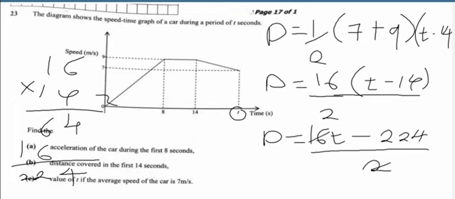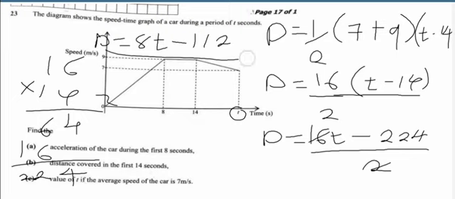So 2 into 16, we get 8t, minus 2 into 224, we get 112. Okay, so distance is equal to 8t minus 112. Now this distance, 8t minus 112, is the distance from 14 up to t.